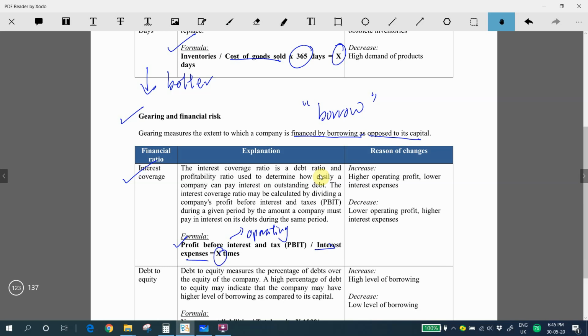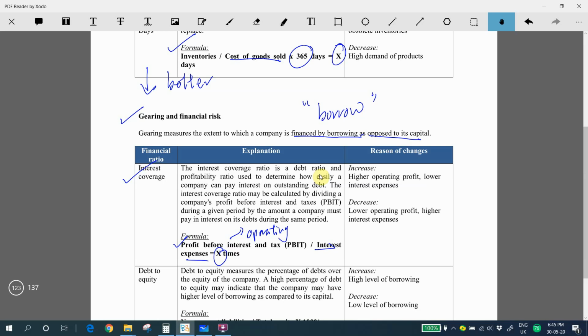Here, it means that if the company is not doing business in the future, how many times the company can pay the interest expenses based on the current profit. If you borrow money from the bank, they will charge you interest, and this becomes interest expenses for the company.